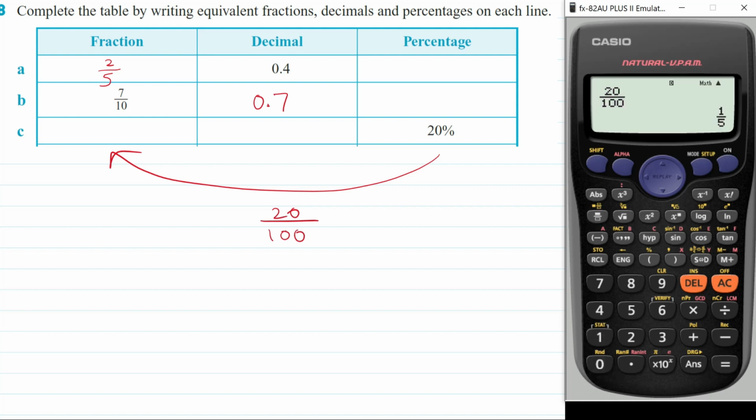That gives us 1/5. And to go from a percentage to a decimal, instead of writing it as a fraction over 100, we're just going to perform that division. 20 divided by 100 is 0.2. And that is our decimal. You can now pause the video to finish off question 8.